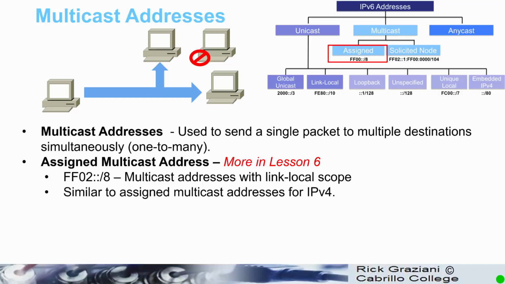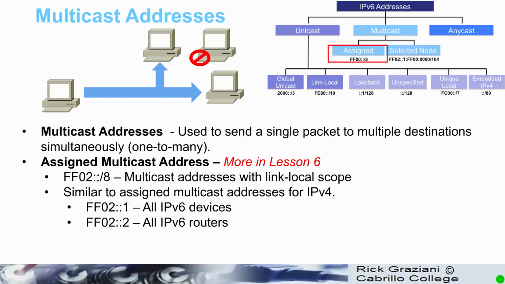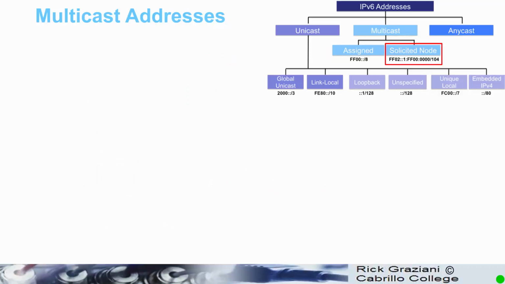It's similarly assigned to a multicast address in IPv4. Here we're looking for FF02::1, that's for all IPv6 devices. FF02::2, all IPv6 routers. FF02::5 is all OSPF version 3 routers, and so forth.